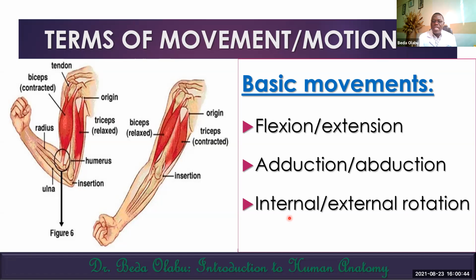If you are rotating away from the midline, we call it external rotation or lateral rotation. And if you are rotating towards the midline, then we call it internal rotation or medial rotation.